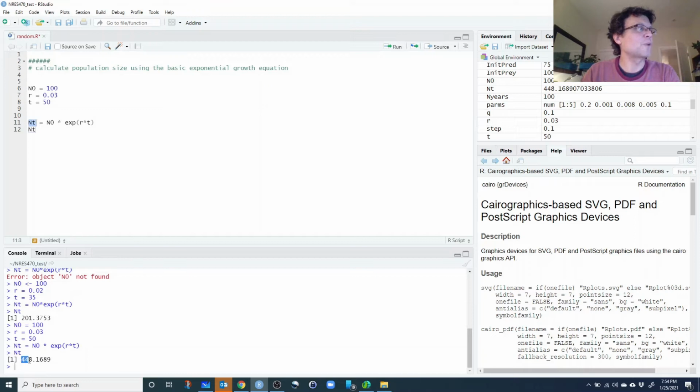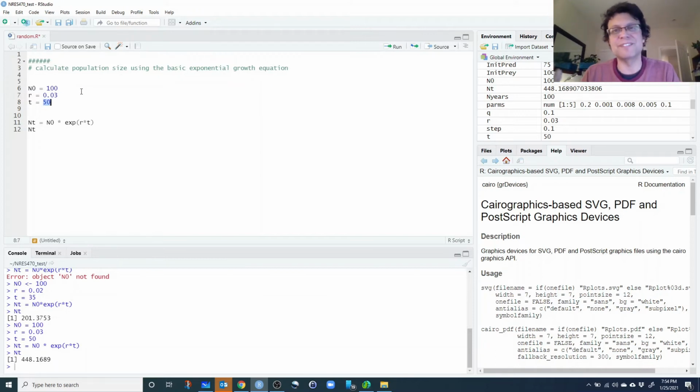And so I have 448 individuals after year 50. I started with 100, I had a growth rate of 0.03, and I estimated the population size after 50 years, and after 50 years the population is now 448. All right, so that's basically how we can use this equation.